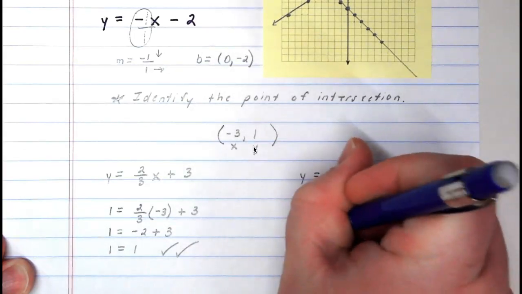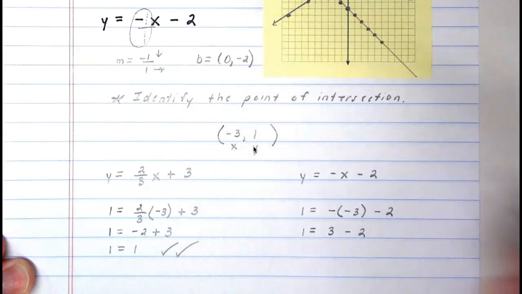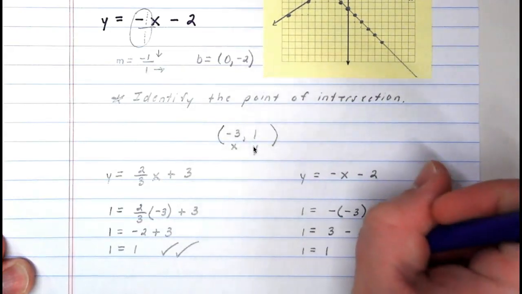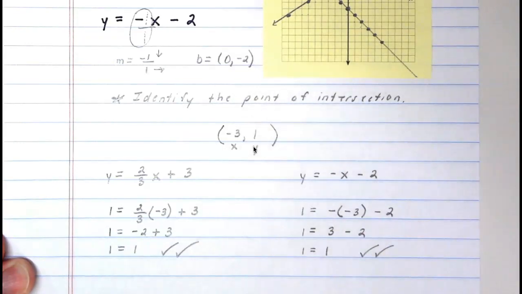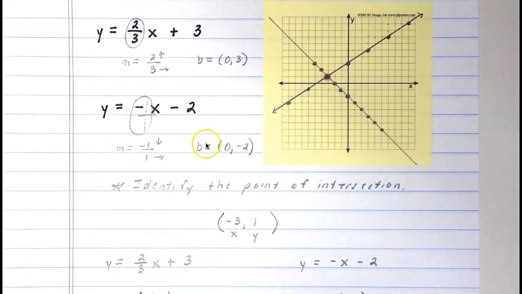So 1 equals +3 minus 2. And we know 3 minus 2 is 1, so 1 equals 1. Check. So now we've identified the point that's a solution because it works and creates a true statement in both of the original equations. All right, good luck.